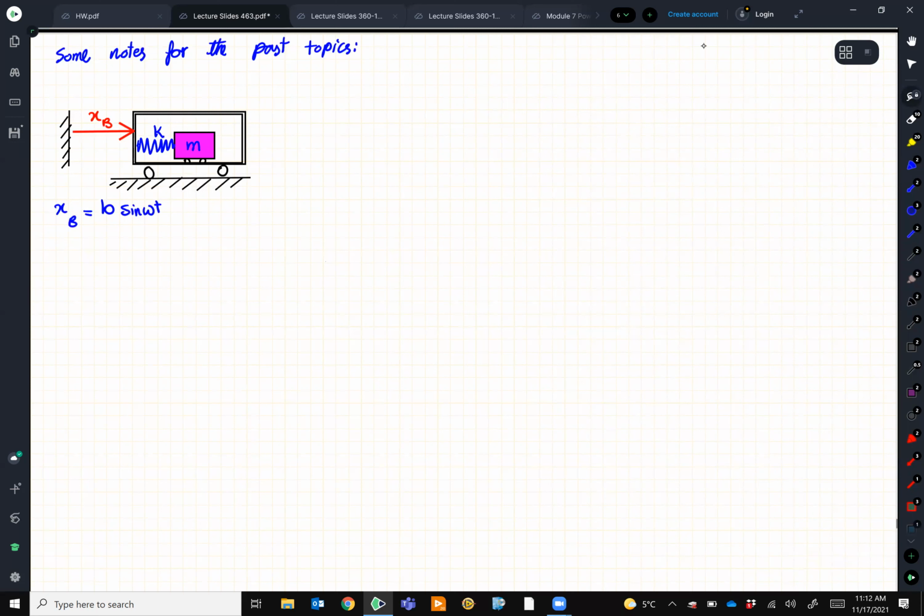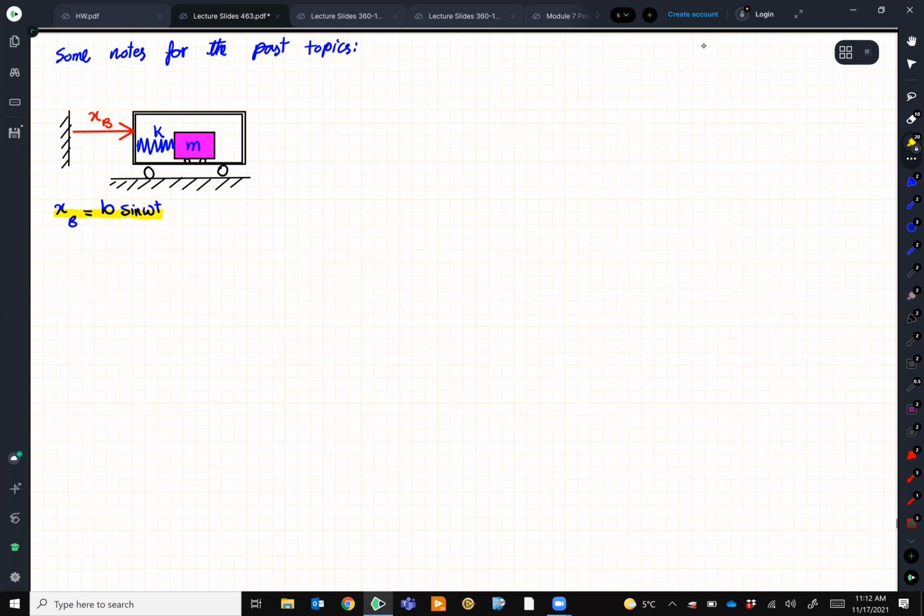All right, so let's assume we have a cart, and for now we ignore its mass, or we don't care about its mass, and that cart we control with x_p, and that x_p has a harmonic motion, V sine omega t. It moves left and right.